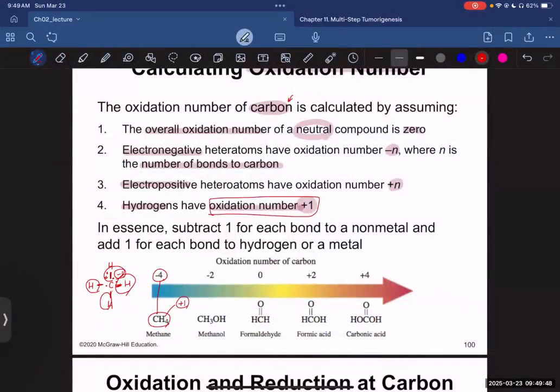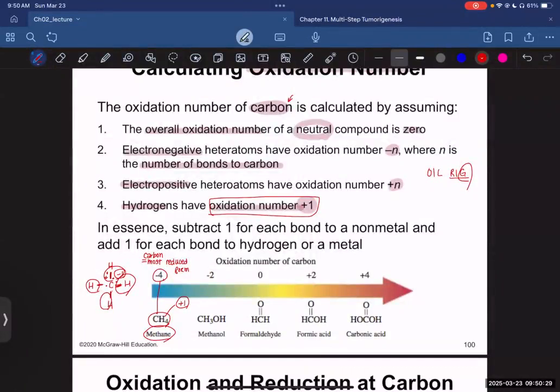And that makes sense because the hydrogen is basically losing its electron, and so it's going to have more of a positive character. So when we have carbon as methane, we have carbon in its most reduced form, because I said oxidation is loss, reduction is gain. So carbon has now gained all of these 4 electrons, or 1 electron each from the hydrogens. I hope that makes sense so far.